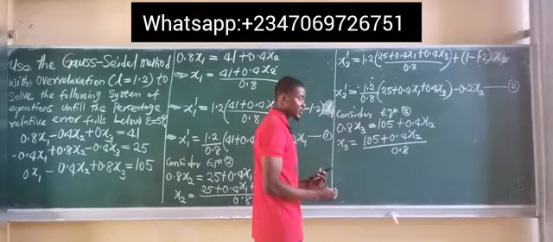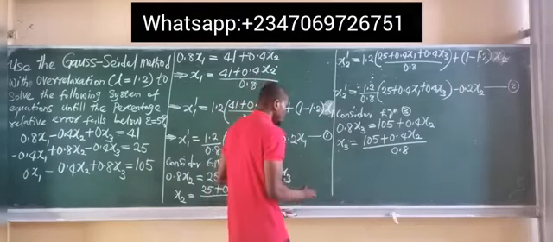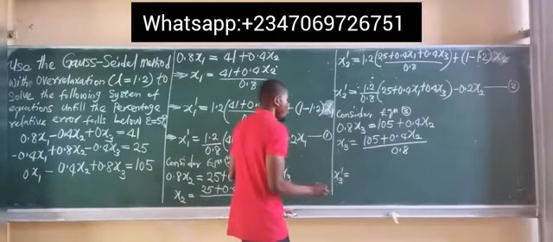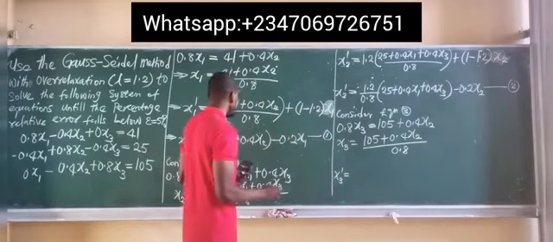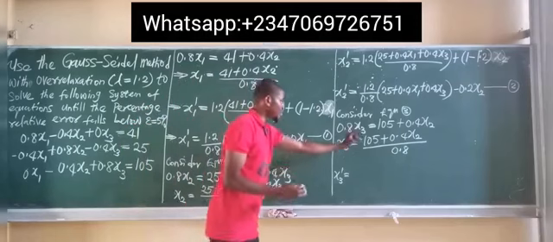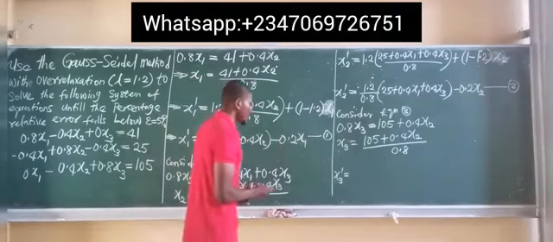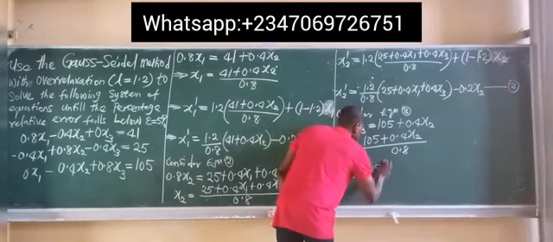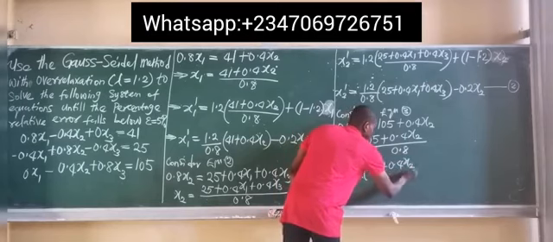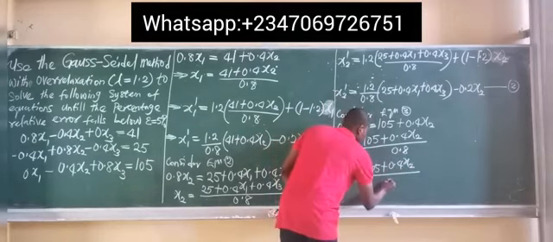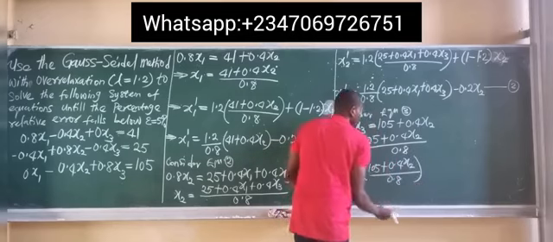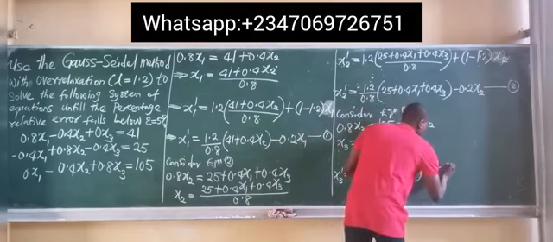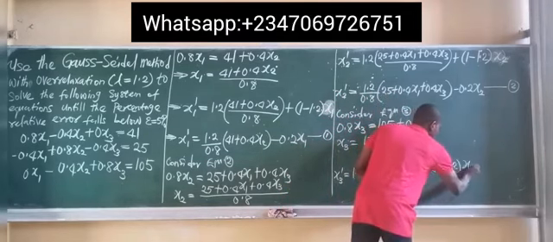So due to overrelaxation, x3 prime, which is what we are going to iterate, is now equal to the value of the overrelaxation multiplied by everything here. Overrelaxation value is 1.2. You simply have 1.2 multiplied by 105 plus 0.4 x2 all over 0.8. Now remember, plus 1 minus the overrelaxation value, which is 1.2, times x3.